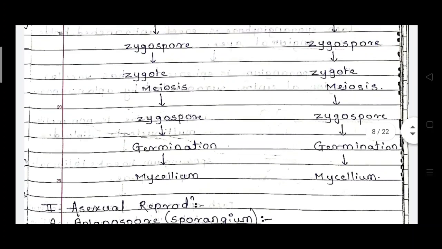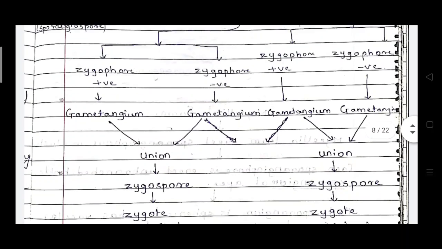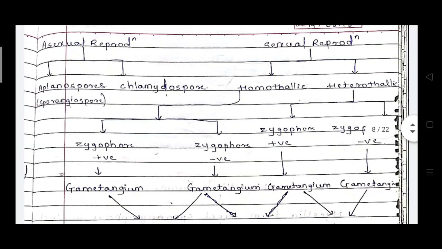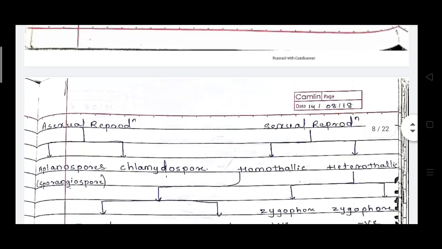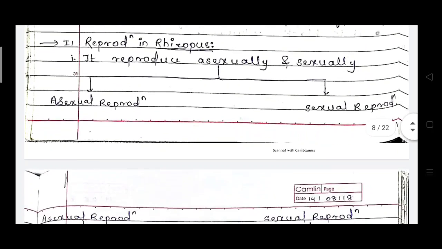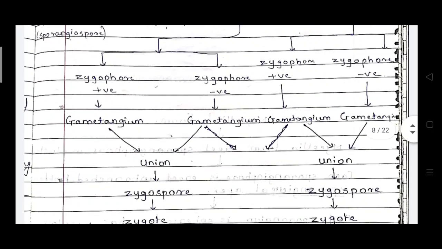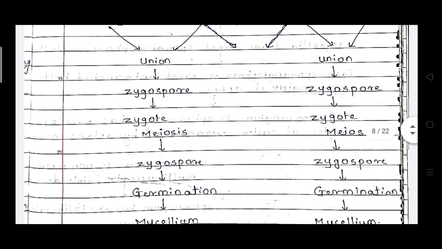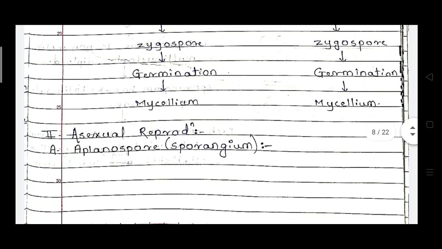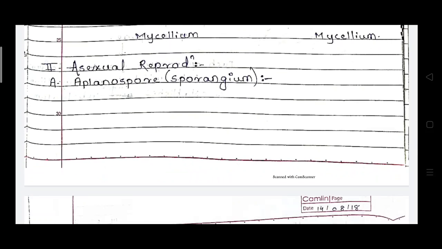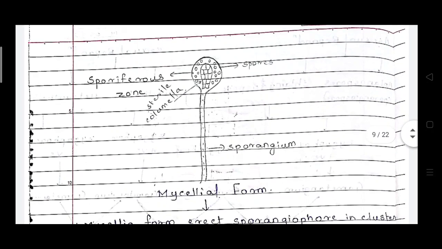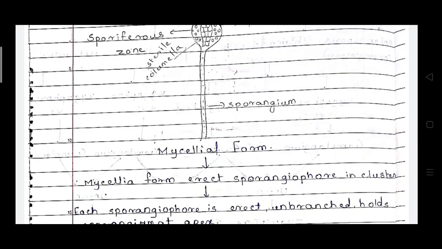For today we only discuss the asexual reproduction. In the next video we talk about the sexual reproduction. In Rhizopus mainly two types of reproduction take place, asexual and sexual. In asexual there is the development of aplanospores and chlamydospores. The aplanospores develop on the mycelium.